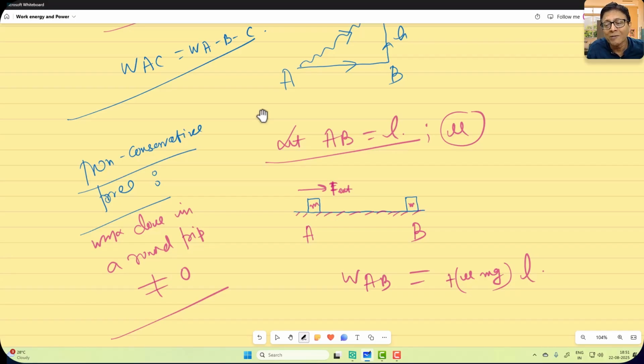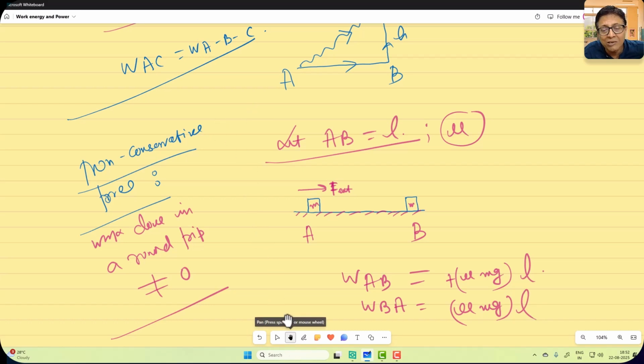W_AB by force of friction will be what? Minus mu mgL. Now, W_BA is what? By external force, that is also mu mgL. Then what is the net work done by external force in a round trip?